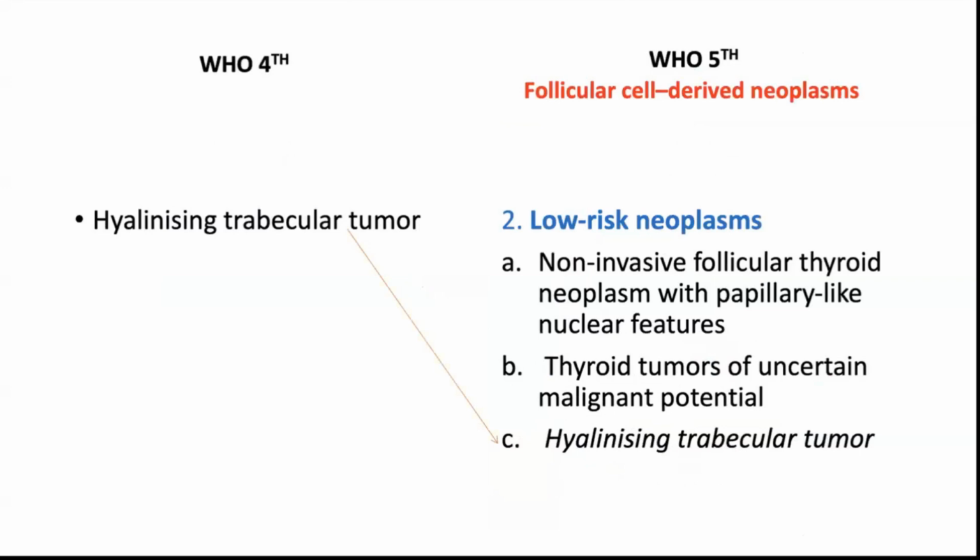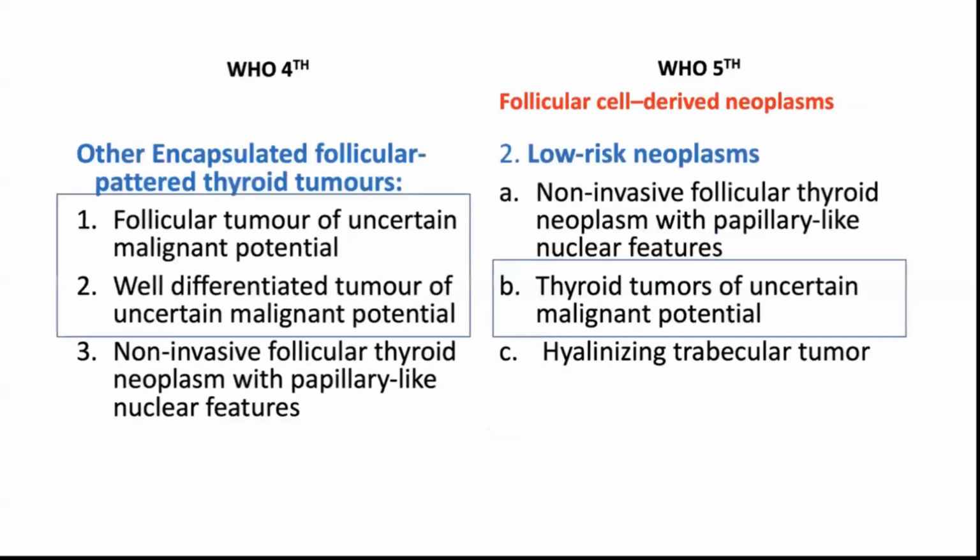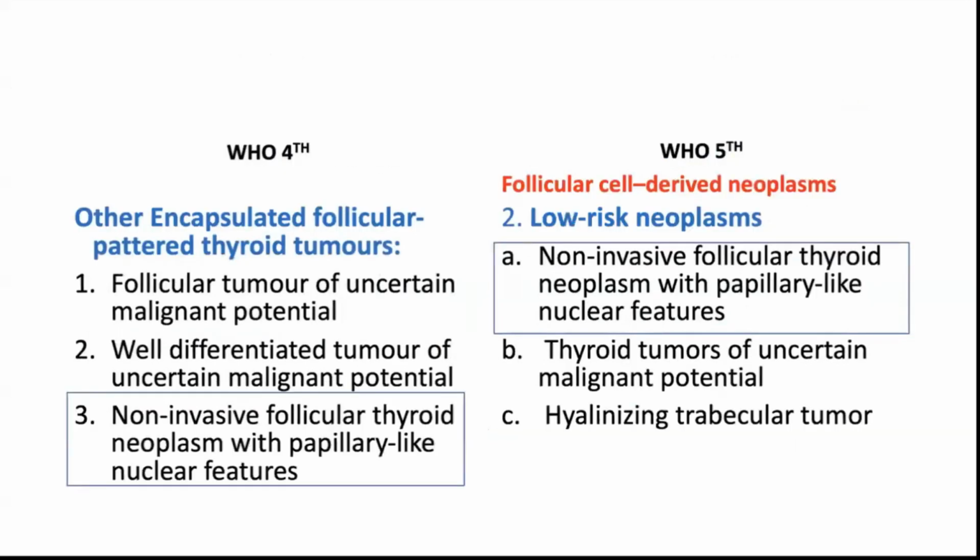However, it came under low risk neoplasms along with NIFTP and thyroid tumors of uncertain malignant potential in the fifth classification. Also in the fourth classification, there were encapsulated follicular patterned thyroid tumors, that was follicular tumor of uncertain malignant potential and well-differentiated tumors of uncertain malignant potential, which came into the low risk neoplasms in the new classification, along with hyalinizing trabecular tumors and NIFTP.